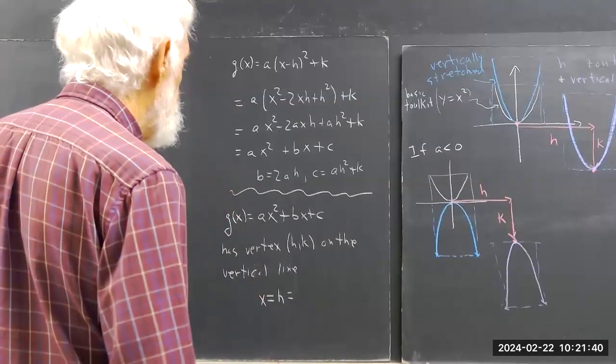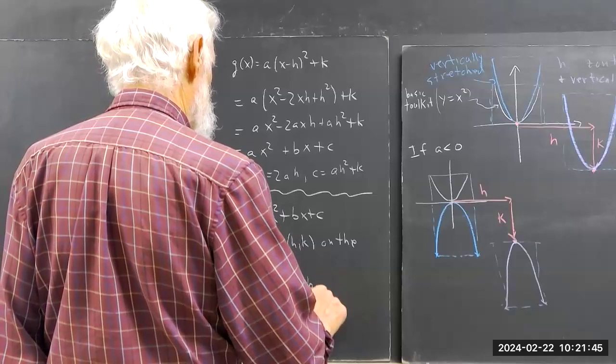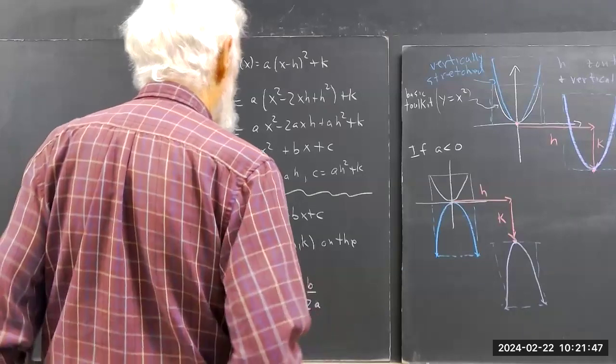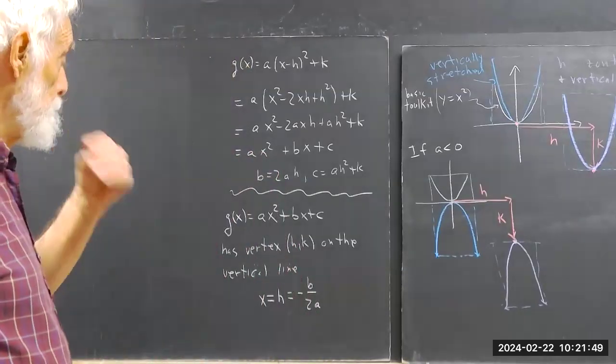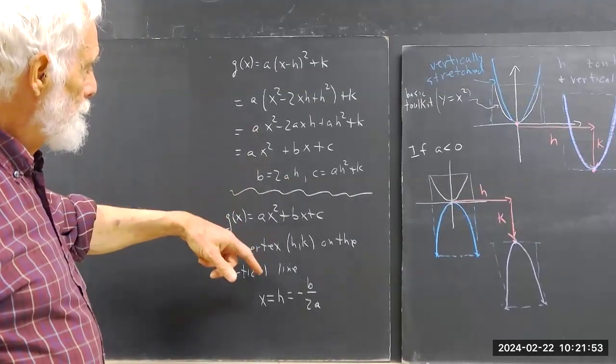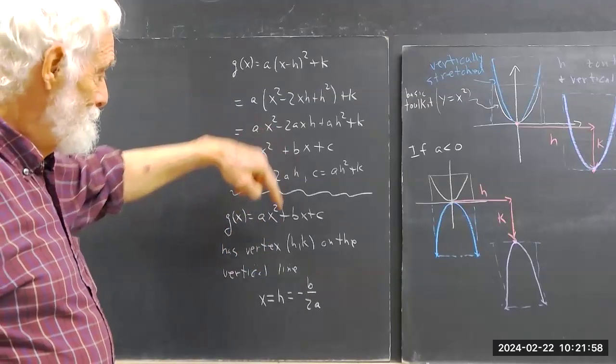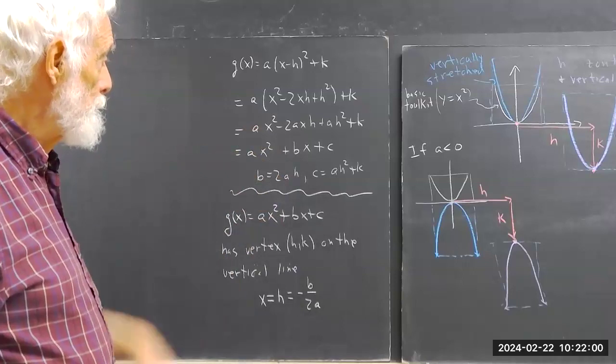But what's h? h is negative b over 2a. Now b is 2ah, then b over 2a is h. And negative b over 2a is negative h.